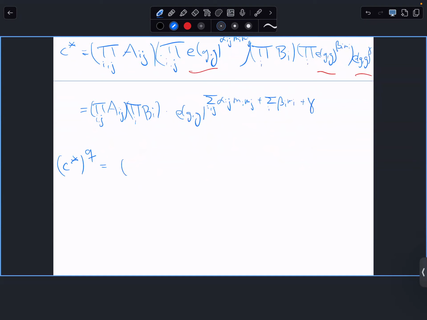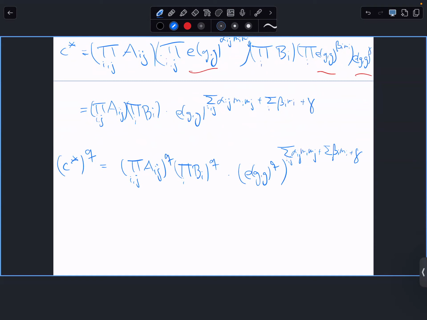Well, this is the product over I, J of Aij to the Q, times the product of Bi to the Q. And the third part I'm just going to write as E(G, G) to the Q to the sum over I, J of alpha ij mi mj plus the sum of beta I mi plus gamma.